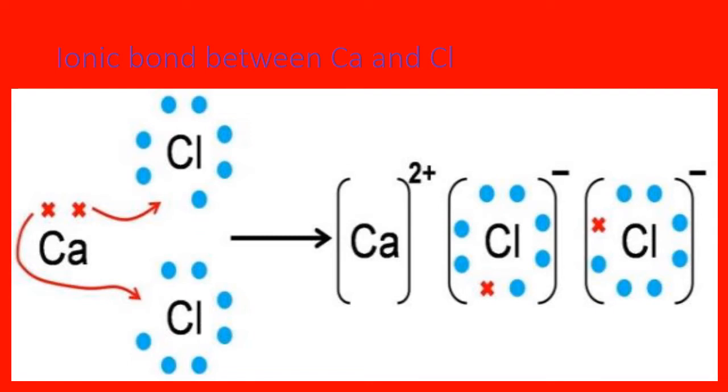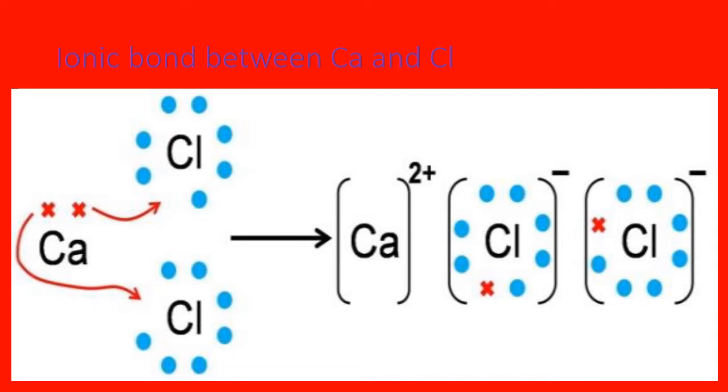In the electron dot formula, we represent only the valence electrons with dots. Here calcium has 2 valence electrons, so we put 2 dots around the symbol of calcium, and chlorine has 7 valence electrons, so we put 7 dots around the symbol of chlorine.